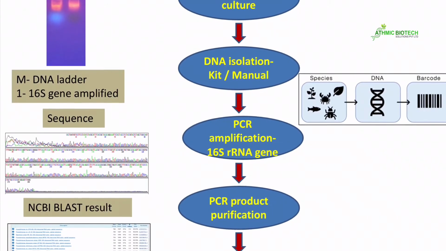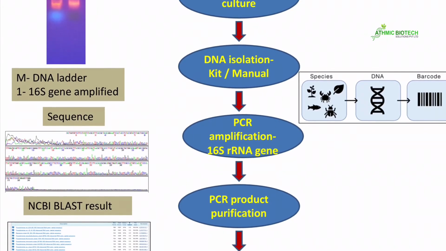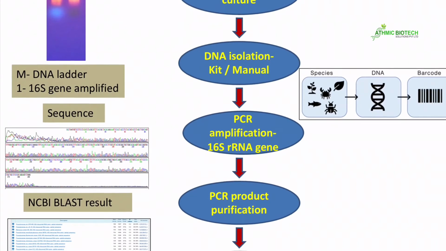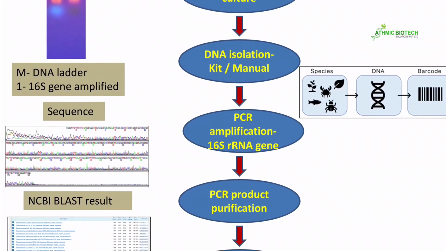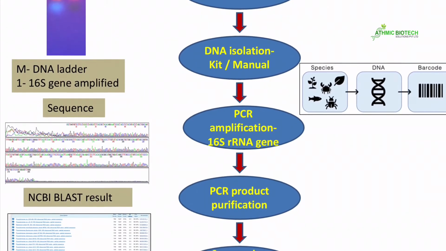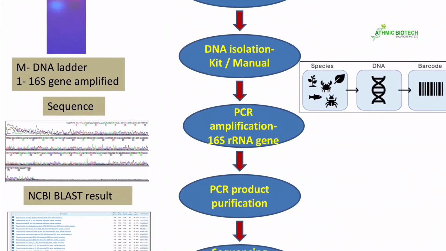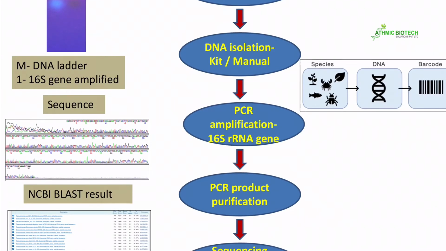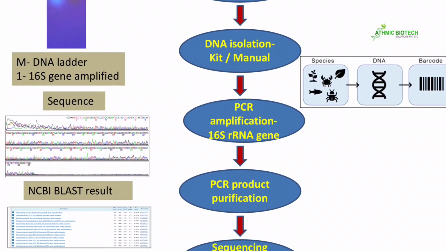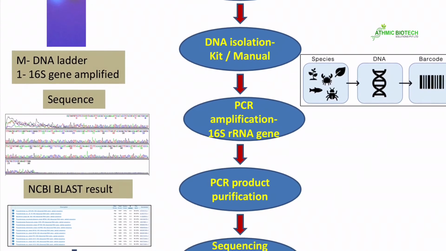You will get a nucleotide sequence. Go to NCBI BLAST, copy and paste that sequence, then search. Then you can identify which bacterial strain you have. This workflow is common for all organisms. The only things that vary are the DNA isolation step and the PCR. The other steps are common.